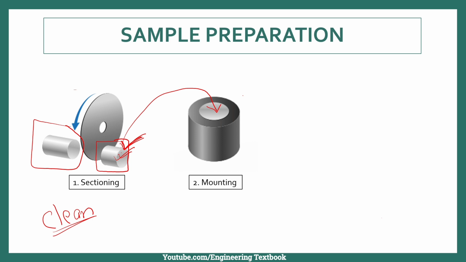It is nothing but holding the specimen in a small block of plastic material to ensure further operations run smoothly, that is grinding, polishing, finishing, etc. Each sample is mounted by placing it in a cylindrical mold and filling the mold with suitable material so that the specimen is held firmly for further operations.